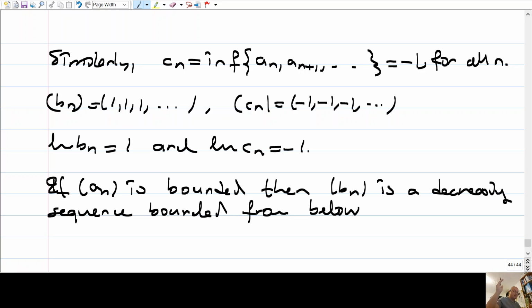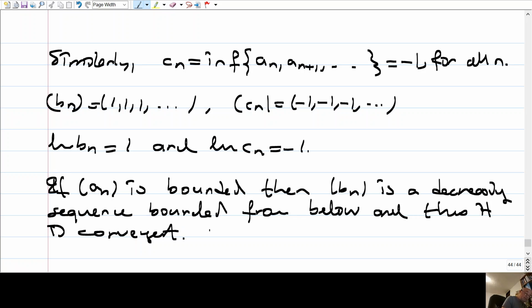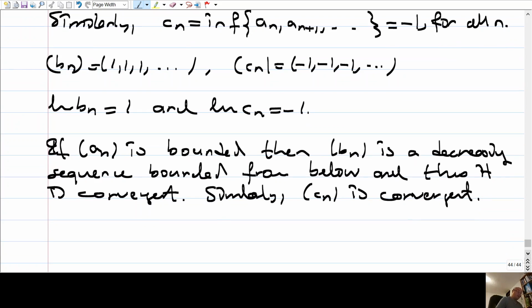They are less than some number and greater than some other number, so they are between two numbers. So everything is bounded, but this is a monotone sequence which is bounded, and thus it is convergent. Similarly, Cn will be convergent, provided that An is bounded, of course.